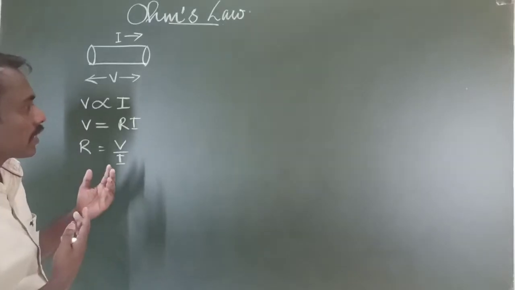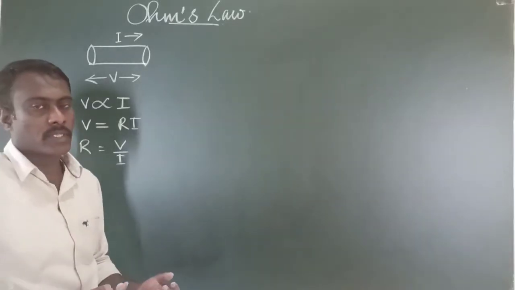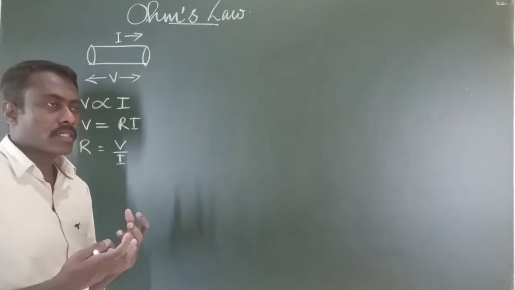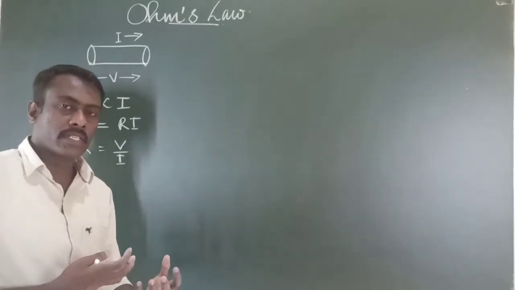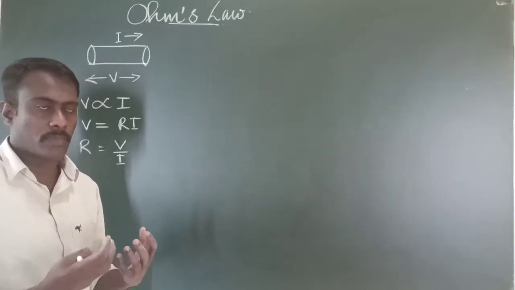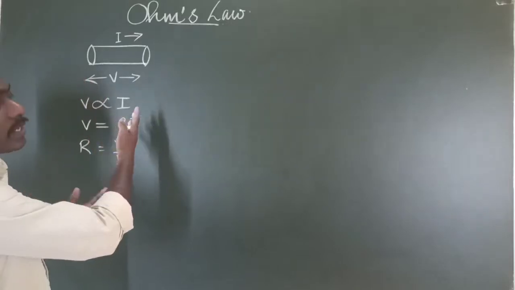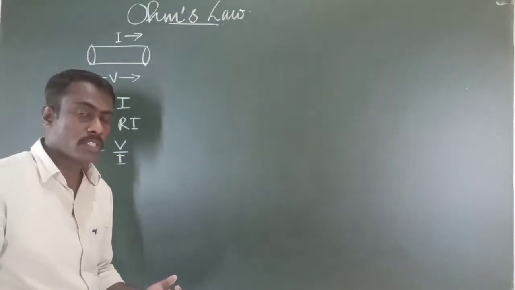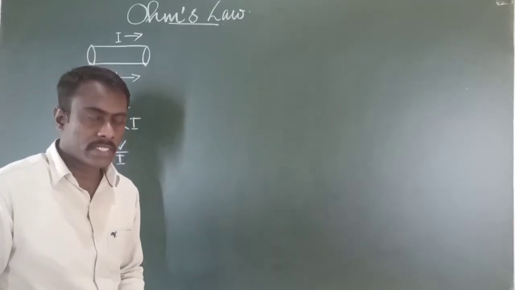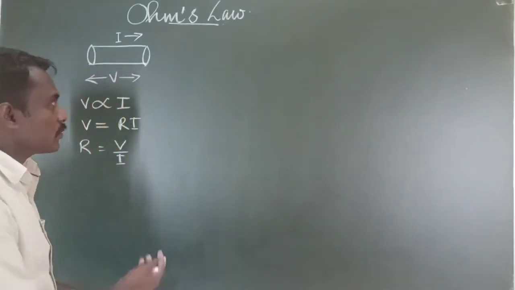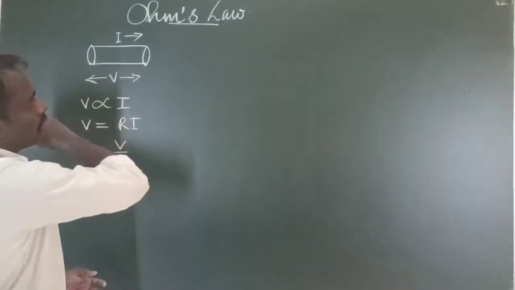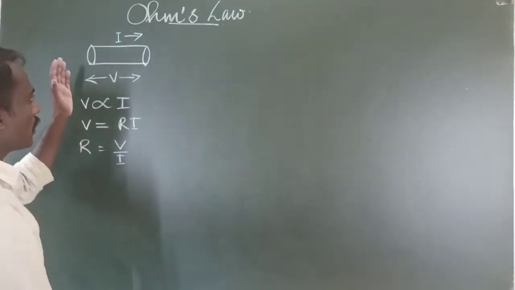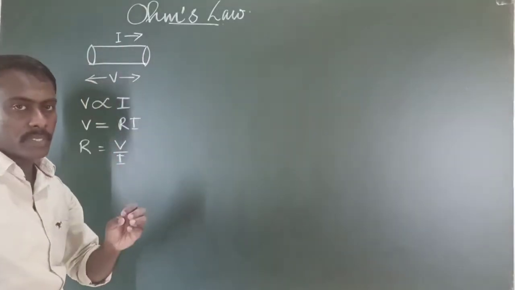When an electric current flows through a conductor, the conductor opposes the flow of electric current through it. The free electrons present in the conductor are responsible for the flow of electric current. When these free electrons move along the conductor from one end to another, what happens?